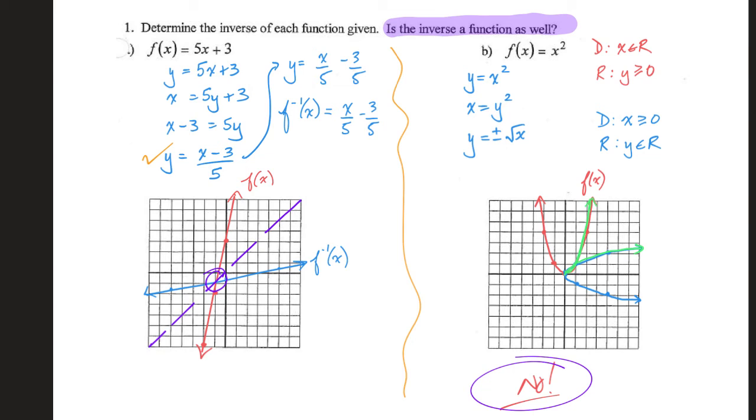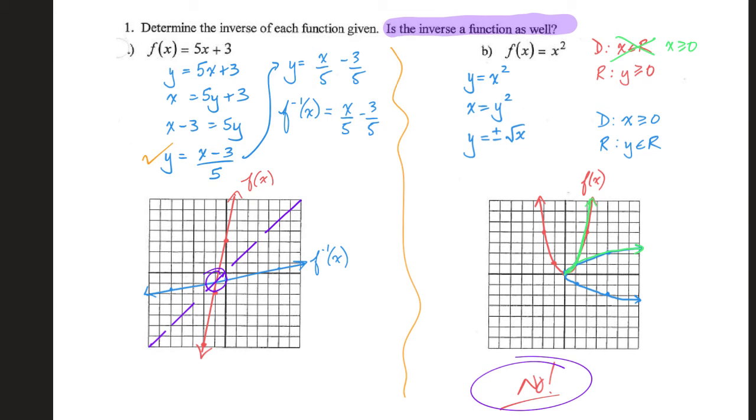Now, how does that work out about restricting domain? It would be me instead saying that x cannot be everything on my original, but that x had to be greater than or equal to 0. That would just give me the green portion on my original parabola.